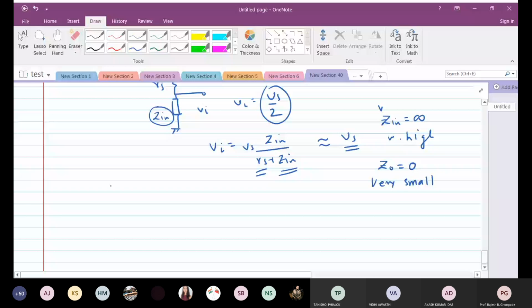Parallel combination of resistors. What happens? Equivalent resistance decreases. It is less, isn't it? So can I say that R out with feedback is equal to R out without feedback, divided by a factor of 1 plus A beta? So output impedance increases or decreases?